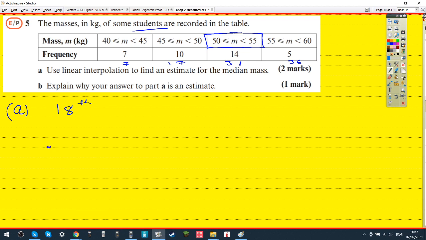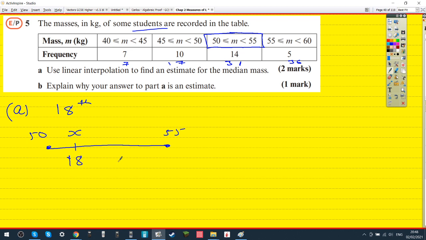You draw like a line. And on the top left it'd be 50, top right 55. X would be for the line that we're working out. Below it would be 18.